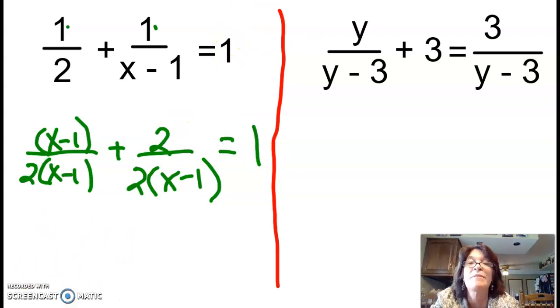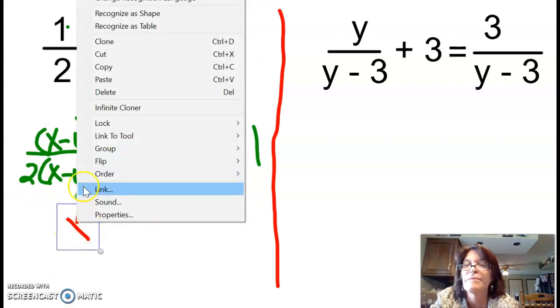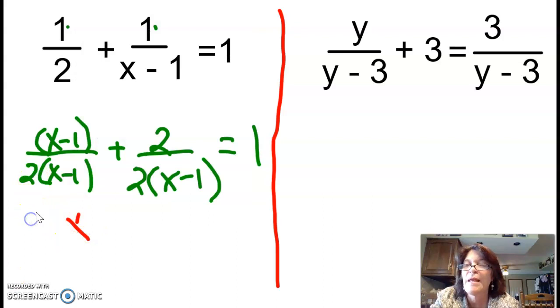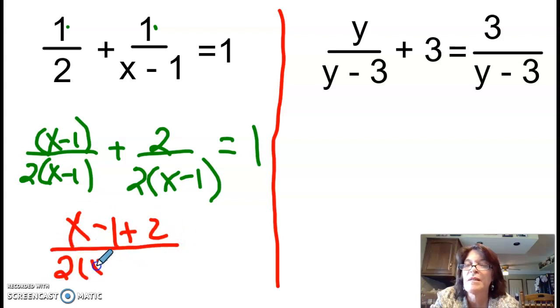Now once I have the same denominator, I just add my numerators. x minus 1 plus 2 all over 2 times x minus 1 equals 1.